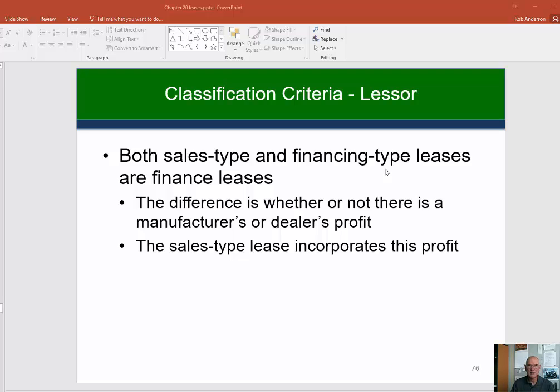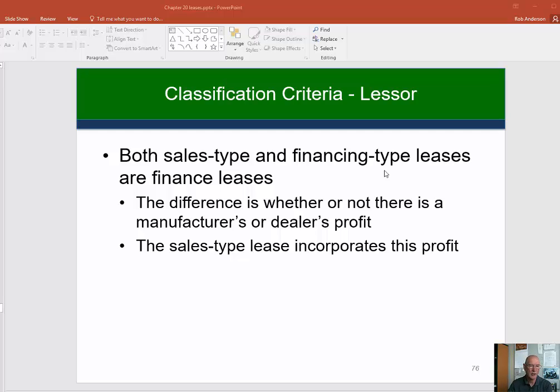So they set up a leasing arm of their business so that customers have the option to lease and not just purchase. So when we do a sales type lease, it does involve a profit to the dealer because, if you think of a car sale or something like that, if you lease it, the dealer makes a profit. They're essentially selling you that car at full price, probably, and then not paying that much to the manufacturer, right?